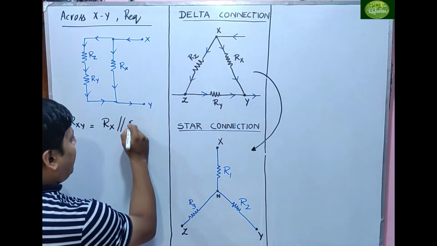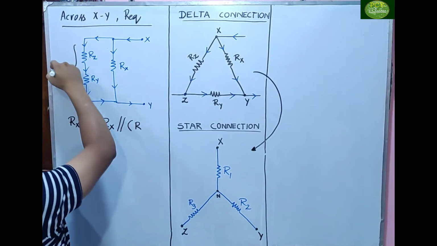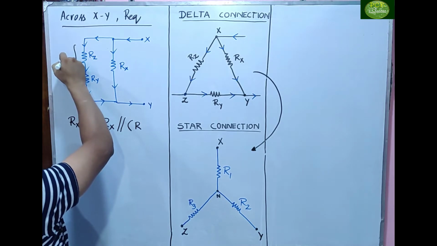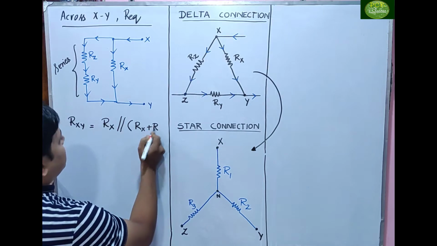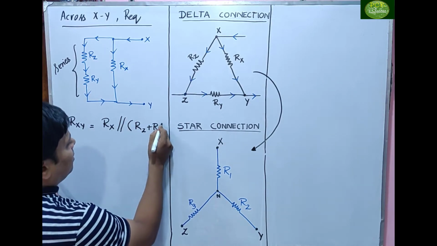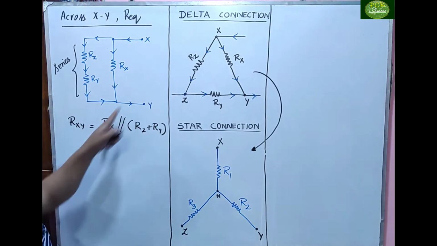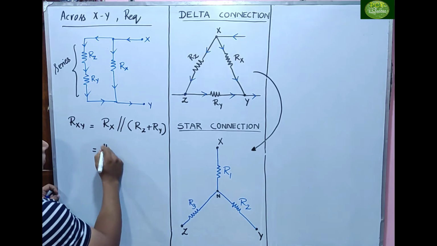So that will be added. These two are, what is this condition? Series condition. Fine. So RX plus RZ plus RY. This is the RXY form. So in the parallel condition, what we used to do?